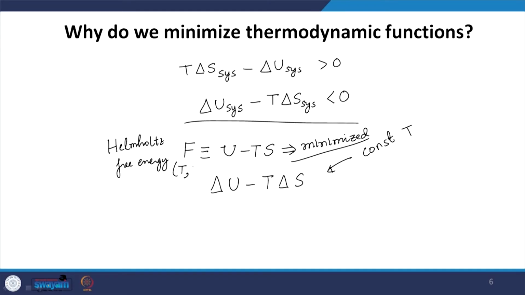And this is no big news, in other words, because this free energy was a natural function of temperature and volume. What this means is we should have the ability to control temperature and volume. If I can do the experiment at constant temperature, that means I can control temperature. Similarly, if I can do the experiment at constant volume, I can control the volume.